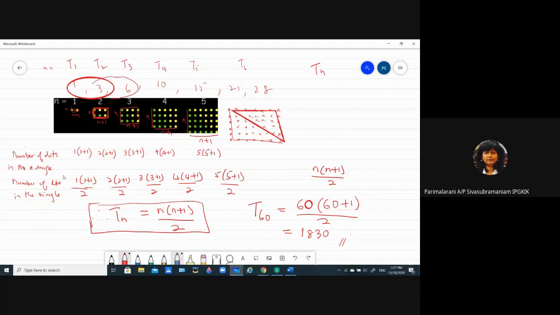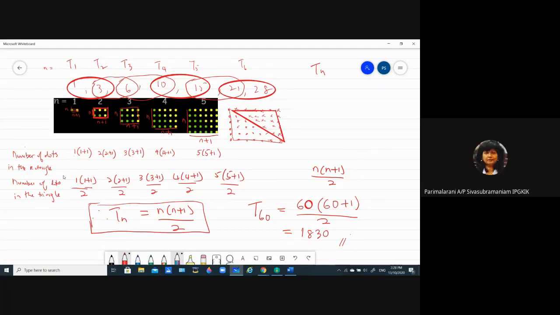What is 3 plus 6? 9, which is a square number. 6 plus 10? 16, also a square number. 10 plus 15? 25, square number. 15 plus 21? 36, square number. 21 plus 28? 49, also a square number.